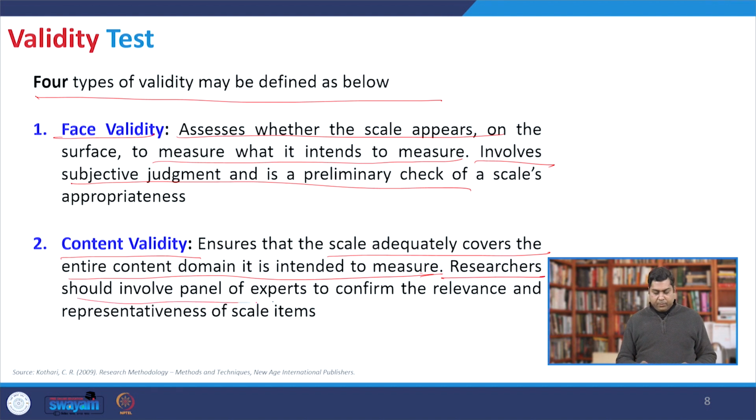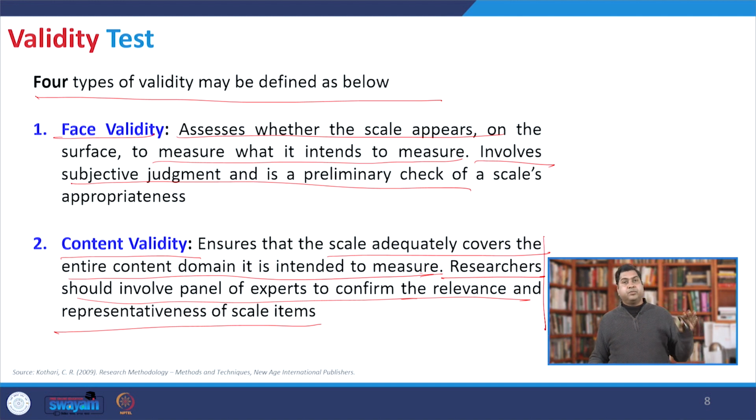Researchers should involve a panel of experts to confirm the relevance and representativeness of the scale items. Before you administer the survey, it is a good idea to get it checked by a panel of experts, that the measurement scale and items are good enough to capture the information effectively.